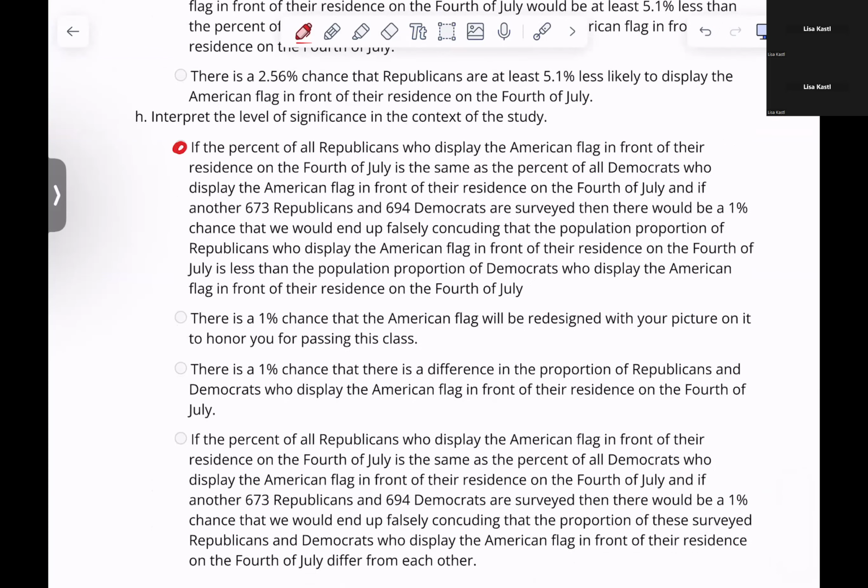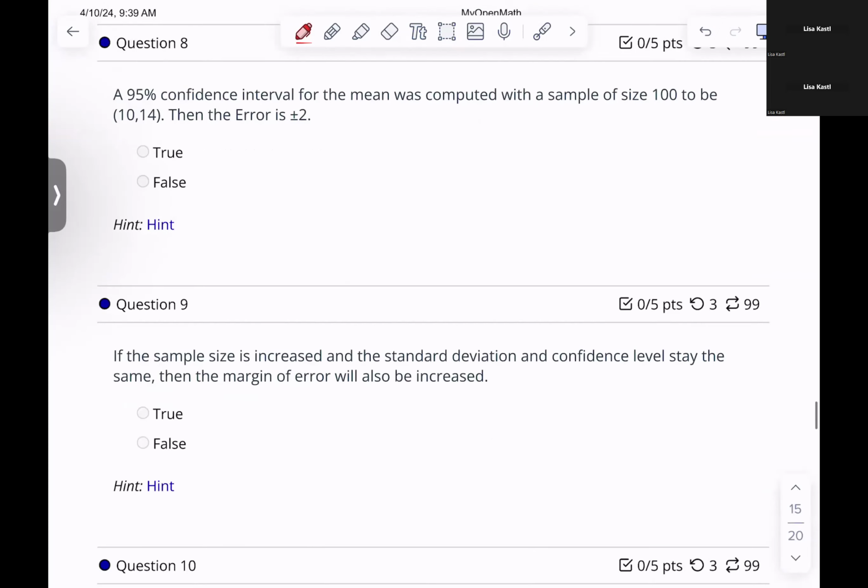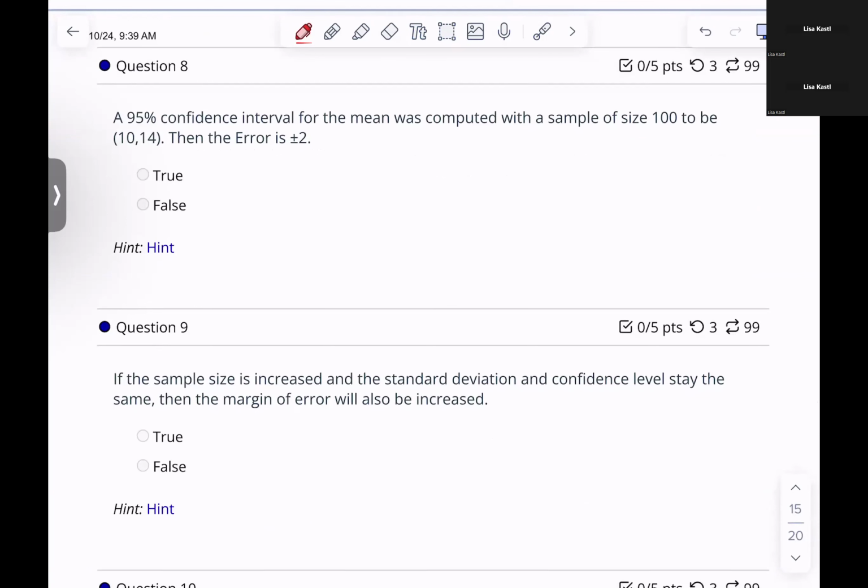All right, then some quick ones. You ready? I know, it's already 20 minutes till. A 95% confidence interval for the mean was computed with a sample size of 100 to be 10 to 14. So the error is plus or minus 2? True or false?